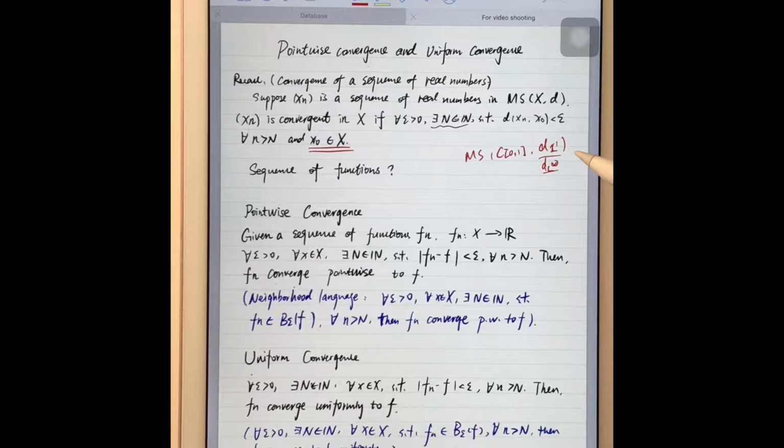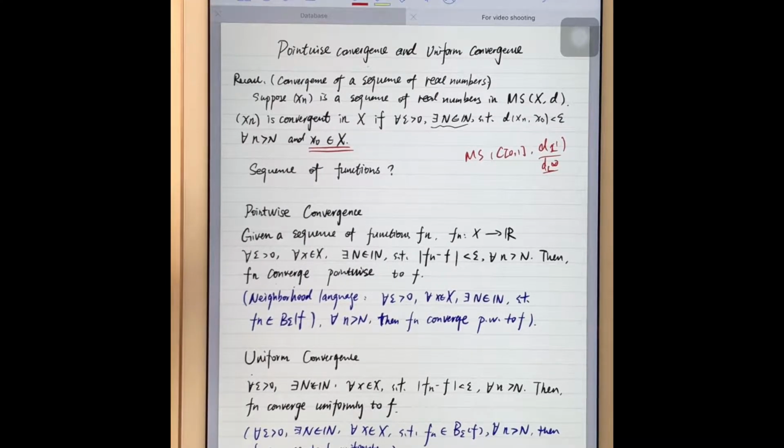But now the elements whose distance we compare become functions, and the distance function might be different.